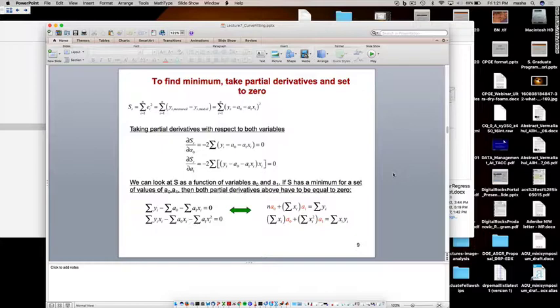Are you getting something similar to this? N is equal to 2? Maybe? Maybe.